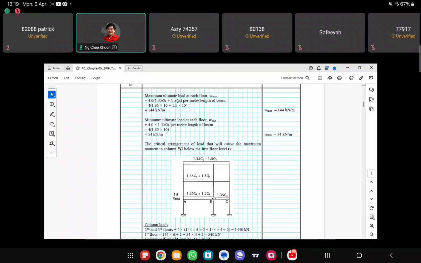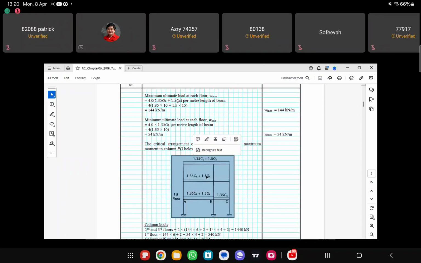If we want maximum moment, then we should put the maximum load on the longer span and the minimum load on the shorter span. So that's why the loadings for the design of this column look like this. Now I want to look at how much is GK and how much is QK.